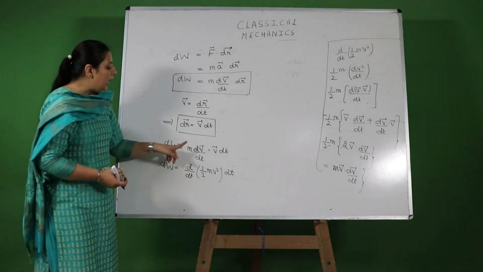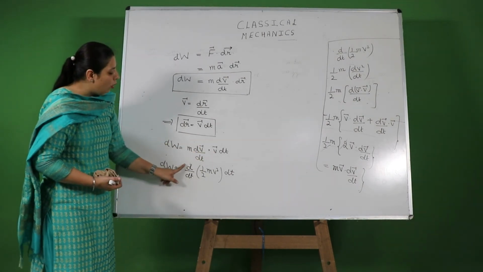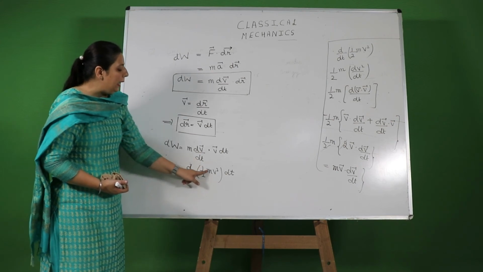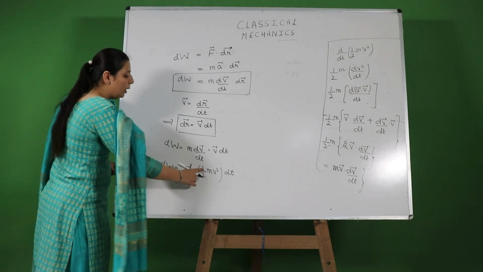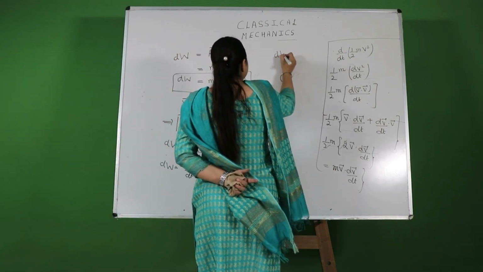So whenever I have one derivative dot product with the function, I can always write it as d by dt of 1 by 2 mv square. And what is 1 by 2 mv square? It is nothing but kinetic energy.